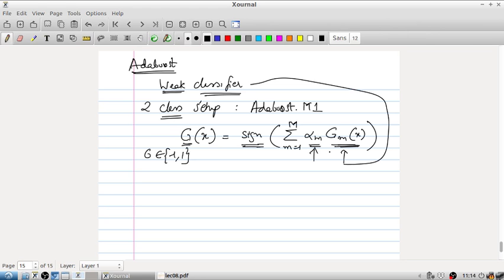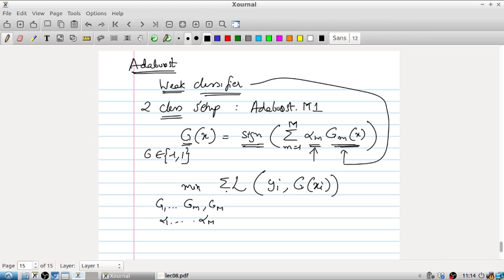explicitly. Although, in the tree construction we wrote: minimize over the parameters of the tree model, which are regions R1 to RM and coefficients C1 to CM, of the loss of yi, comma, the function, right? So here also, all I'm saying is you minimize over G1 to G capital M, alpha 1 to alpha capital M, of the loss of yi, comma G of xi.